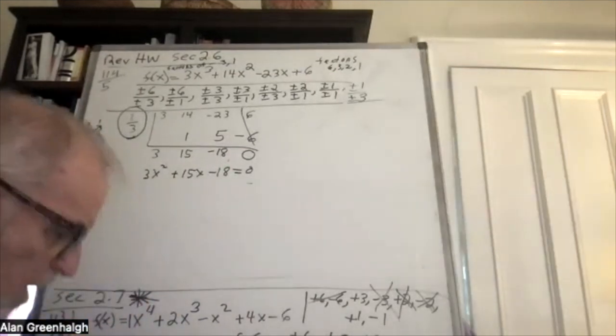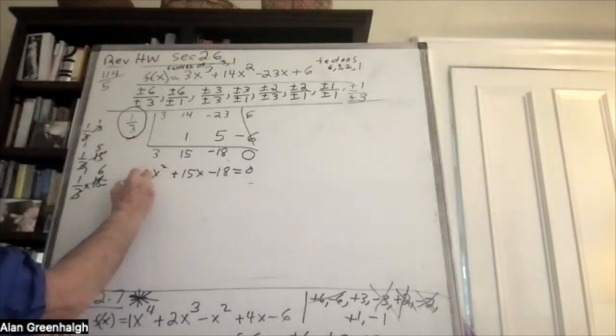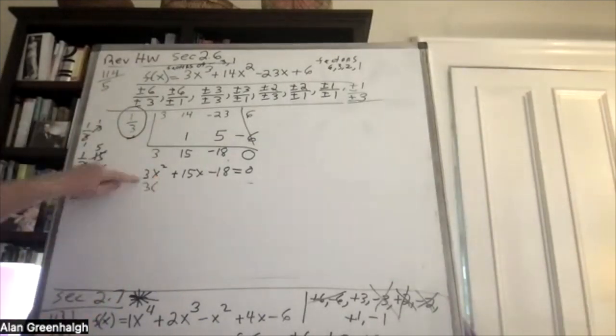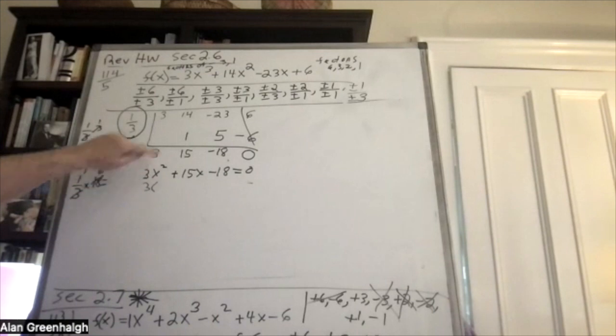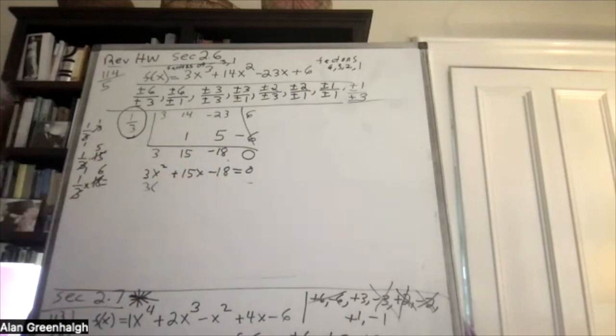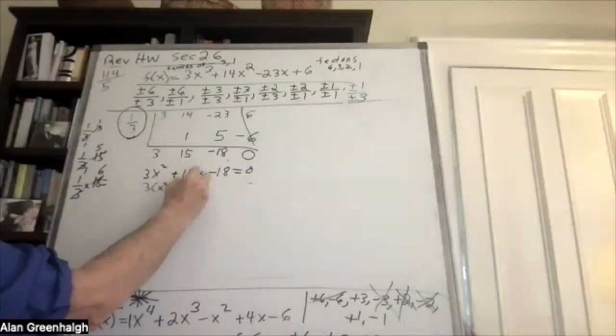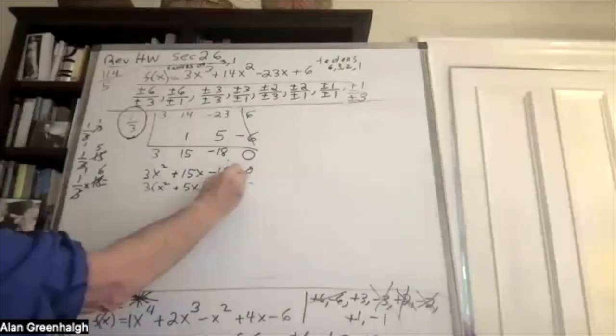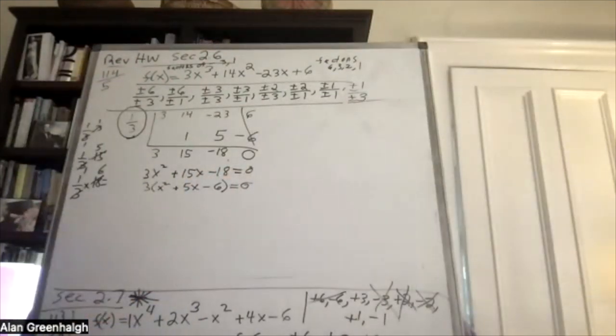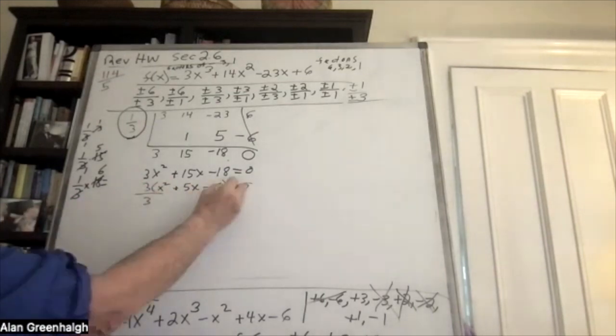I'm going to factor out a 3. I see that 3 goes into 3x squared, 3 goes into 15, 3 goes into negative 18. I'm factoring it. And what do we do with that 3? Get rid of it.